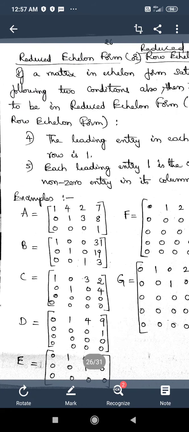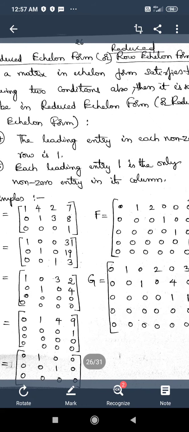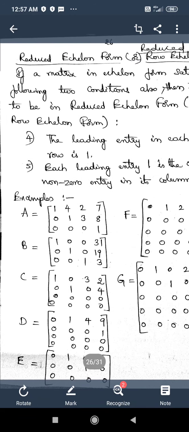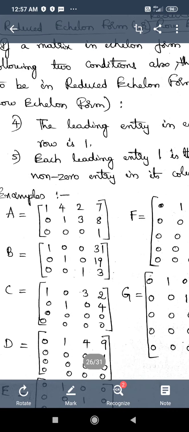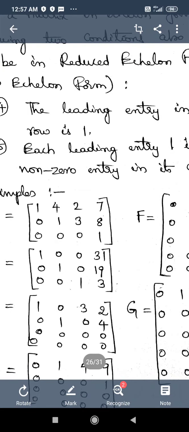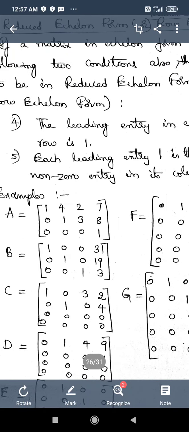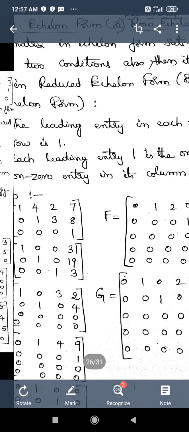These are the examples for reduced echelon form. In this, A is not in reduced echelon form. The presence of 4 contradicts the fifth condition, because each leading entry 1 is the only non-zero entry in its column.